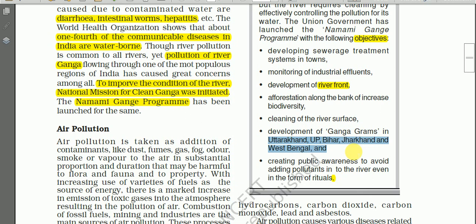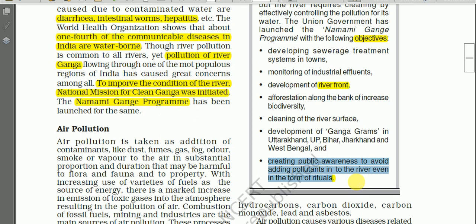And the last objective is creating public awareness, mass education, to avoid adding pollutants into the river, even in the form of rituals, that is, religious activity.